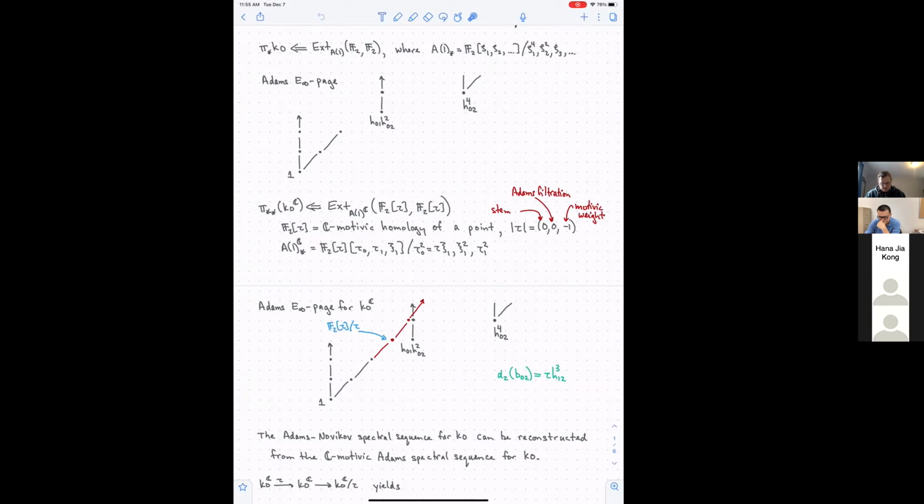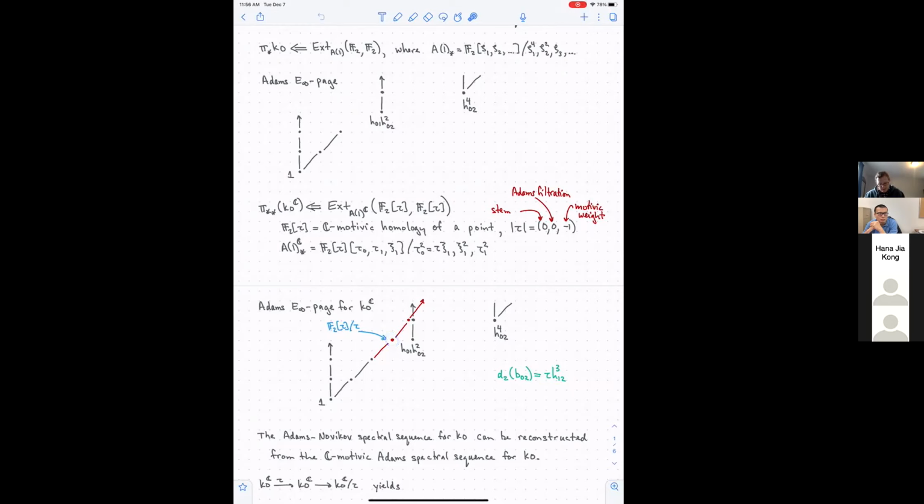It mostly looks the same, except a couple of things look a little different. H1 cubed would be sitting right there, but in the classical case it is hit by a May differential. That's not quite what happens here. H1 cubed is not hit by a differential. It's tau times H1 cubed that is actually hit by the differential.